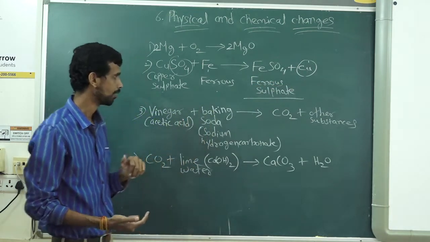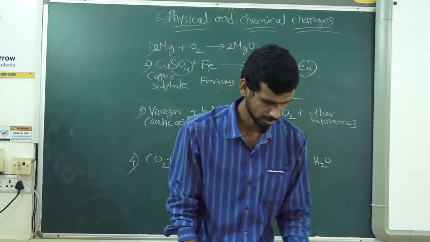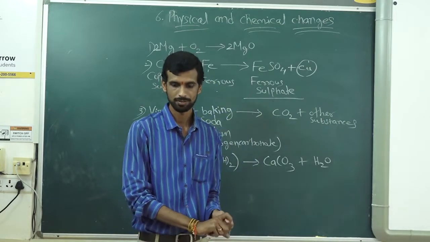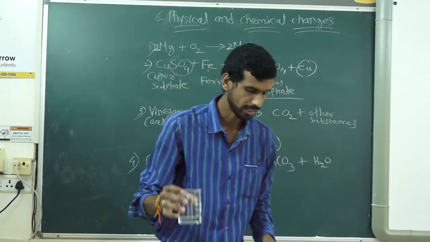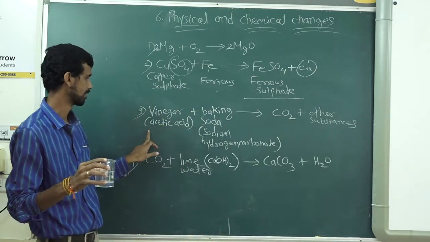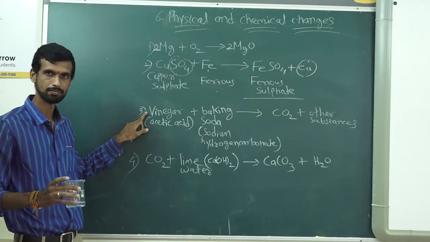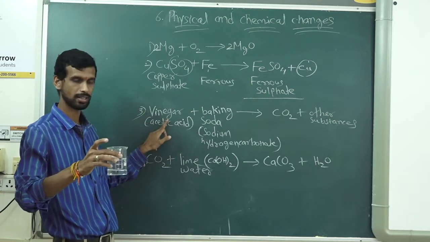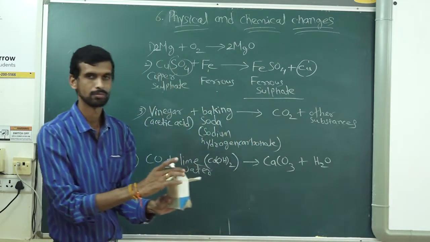Right? Now, let us move to the next activity, next change. This is the third one. I have acetic acid, which is also called vinegar. Then I have baking soda with me.